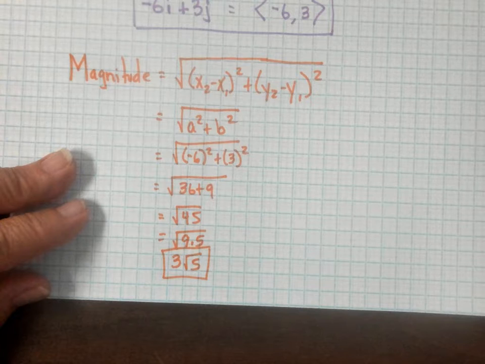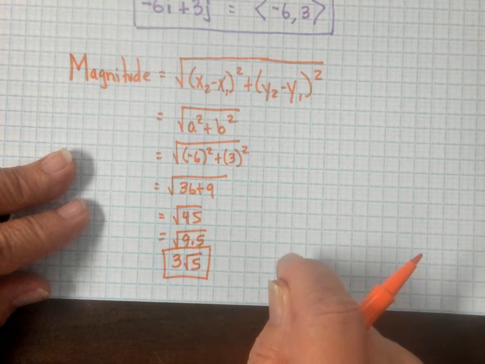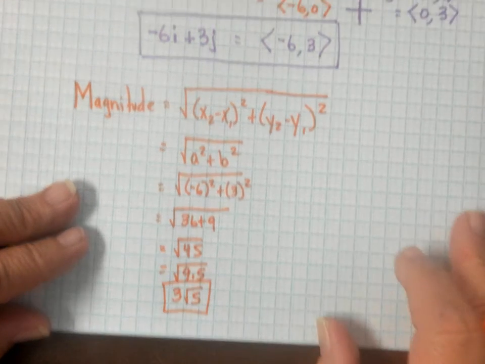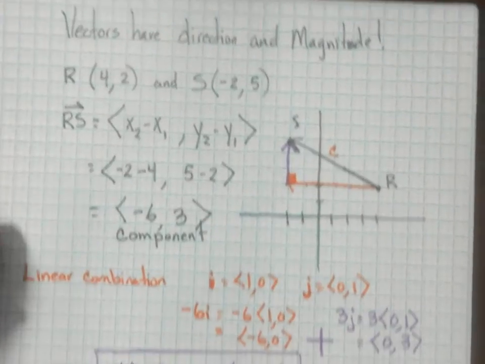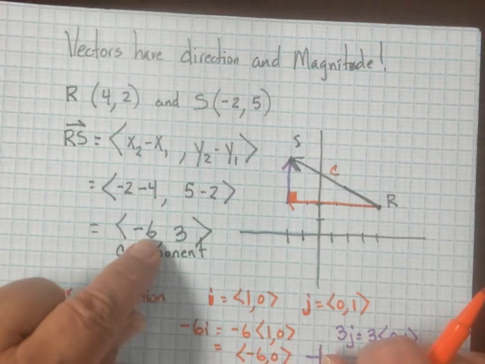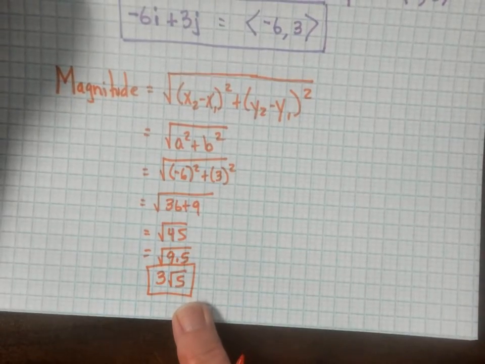Now, when we're playing Look It today, you're actually just going to take the square root of 45 and change it into its decimal equivalent. Your answers are going to be in decimals. All right, so initial point, terminal point, component form, linear combination form, and finding the magnitude.